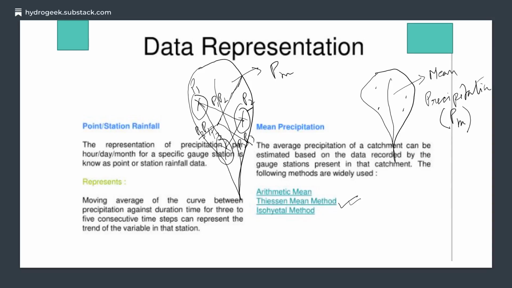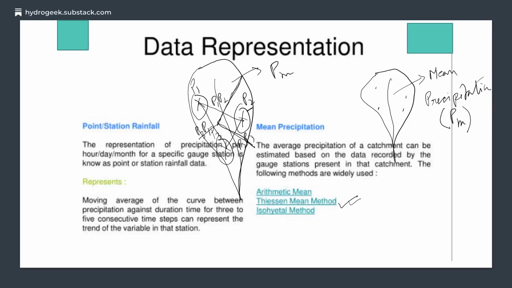So the polygon is like this, correct? Now this is the bisector.